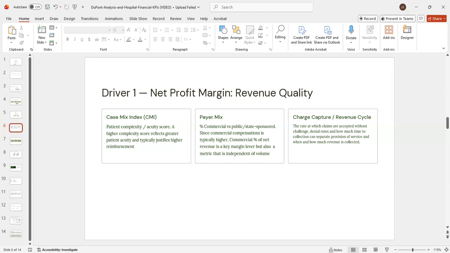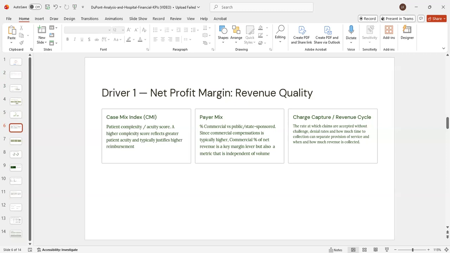The higher the percentage of commercial patients, the higher the payment per unit of service, and that skews the revenue higher. So everything else remaining the same, presumably you would prefer a higher percentage of commercial patients.